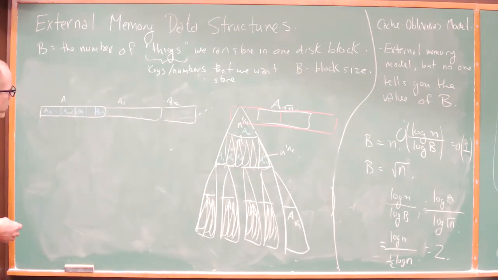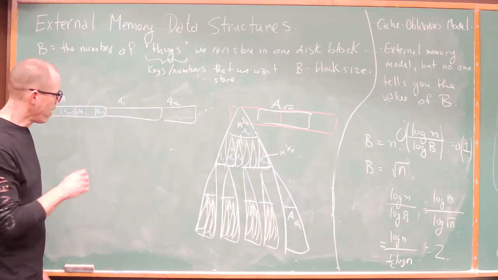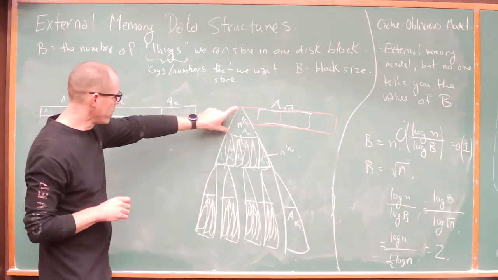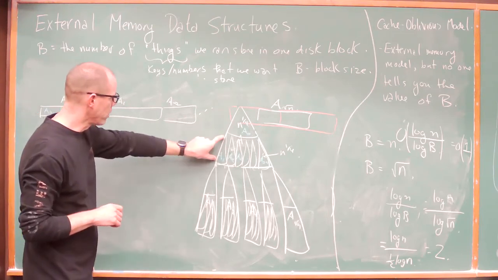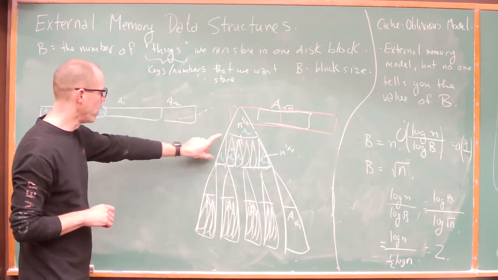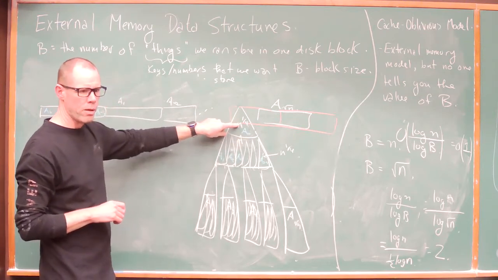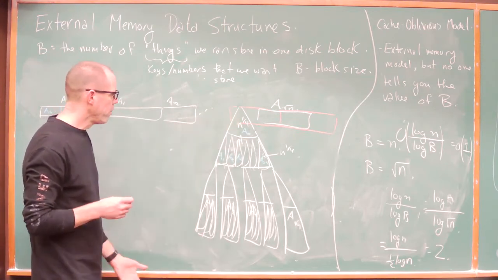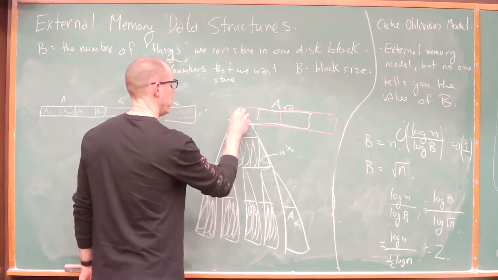And I still haven't totally specified the ordering of elements here yet. All I've told you is that the first n to the quarter elements go here, and then this subtree of n to the quarter elements goes here, and so on. But I still need to specify the order of the elements inside this tree. And for that, I do the same thing. I recurse again.